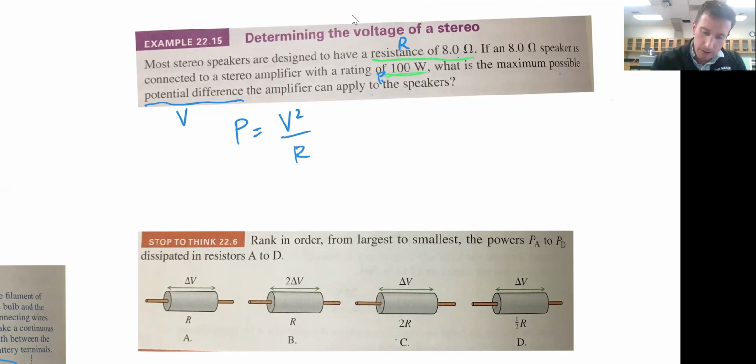Plug in my values. 100 watts equals V squared over 8 ohms. Then multiply both sides by 8, gives me 800. Take a square root of 800.